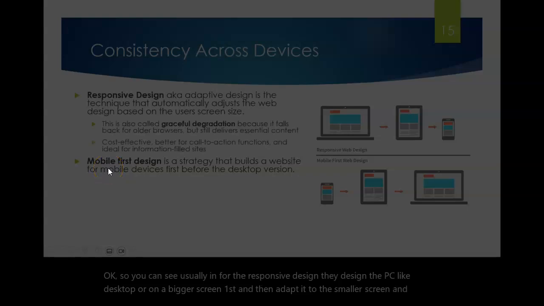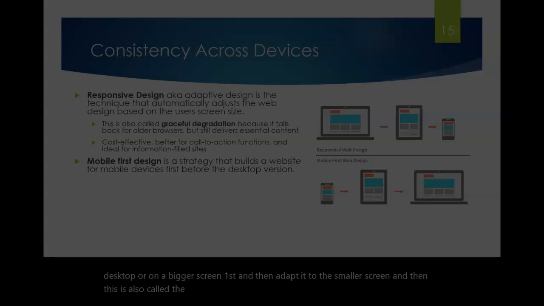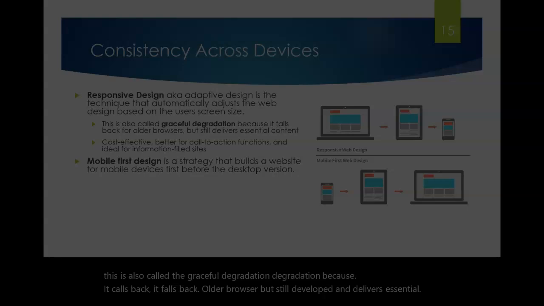And then this is also called the graceful degradation because it falls back an older browser, but still delivers essential content. It's cost efficient because you don't need to develop a second like a mobile site.